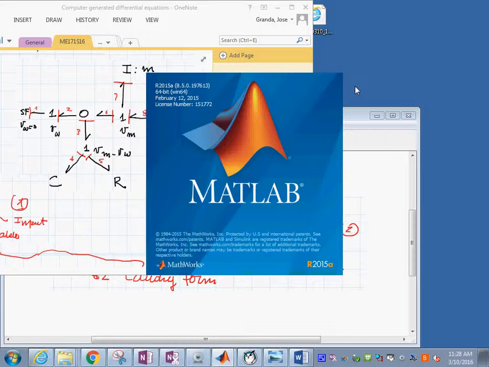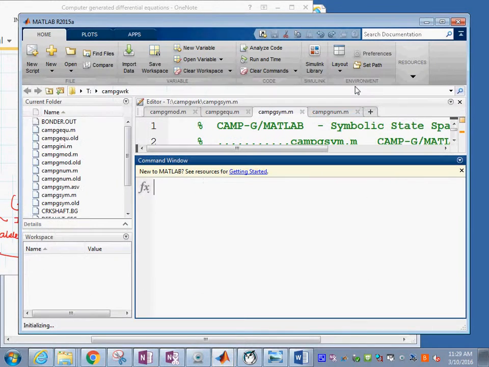So now that the two programs interacted with each other and did a handshake, you see there are the steps over here. It produced a model file which we use for the time domain simulation, and produced a CAMPG-EQU, which is the equations file, and we have two other files that we will talk about later on.